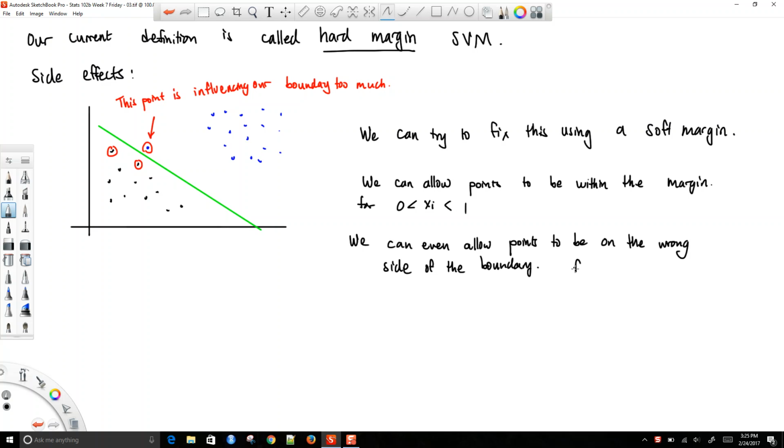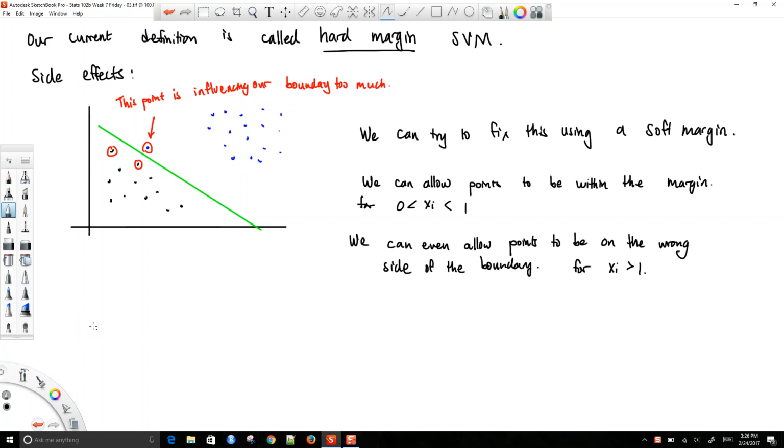That's for xi greater than 1. And when that happens, you can have additional points taken into account in determining the boundary.